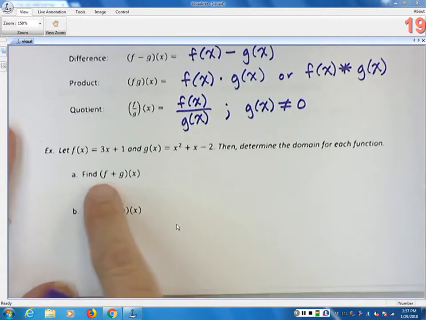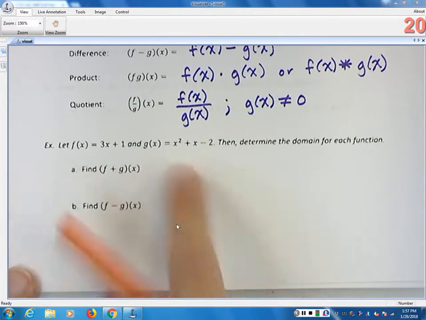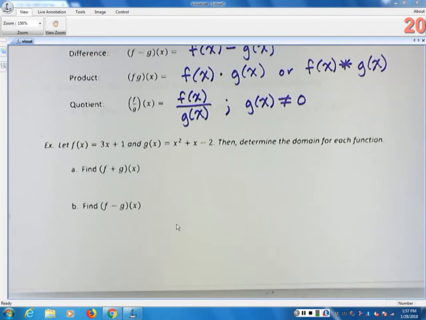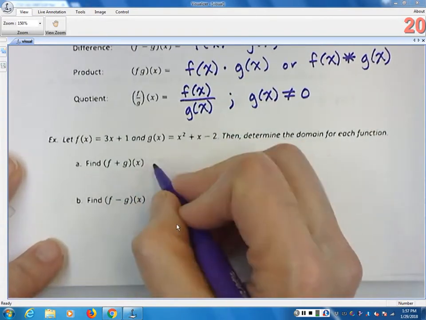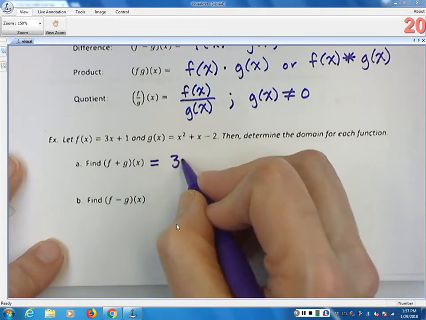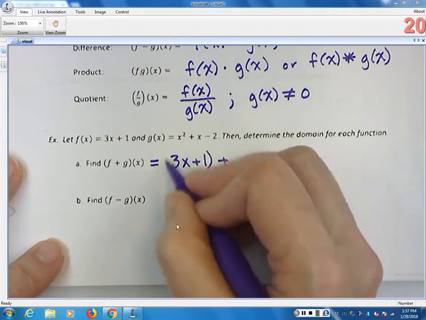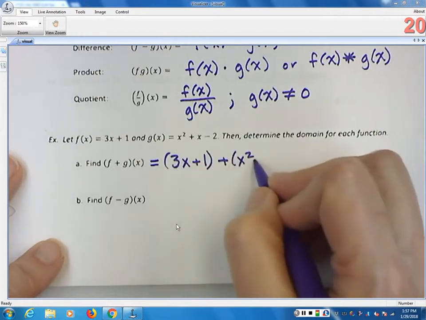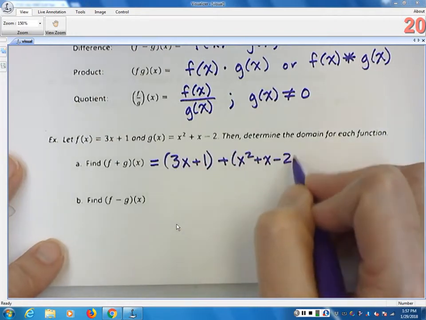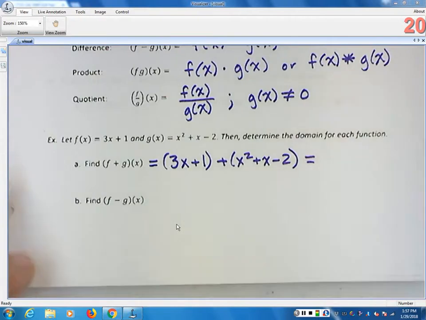So here's some examples. Find f plus g of x. Here f of x is 3x plus 1, and g of x is x squared plus x minus 2. So this is just going to be 3x plus 1 plus x squared plus x minus 2. So what are we going to do? We're just going to combine our like terms.